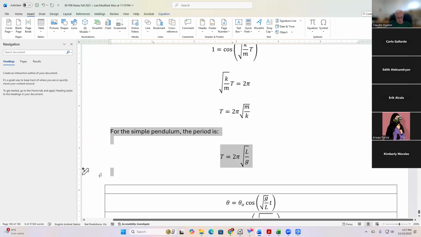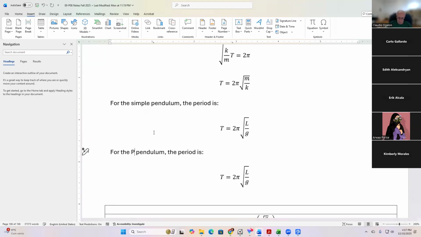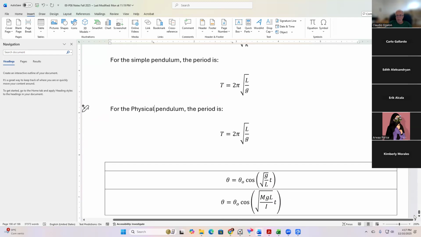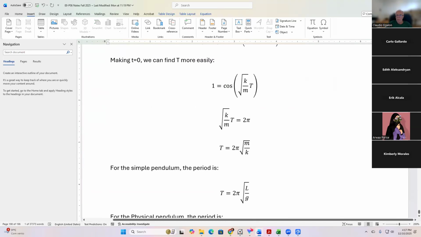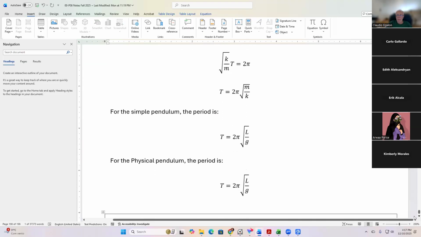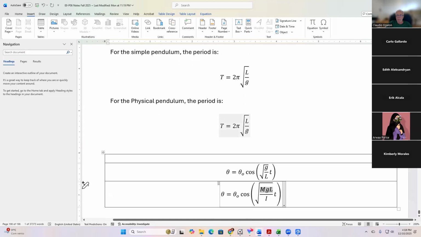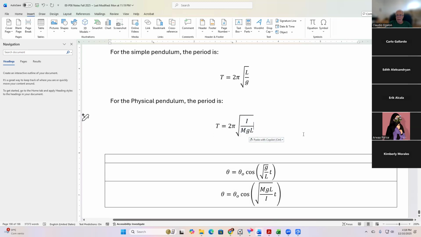For the physical pendulum, the period is: we replace K by MGL, and we replace L by I. They're exactly the same parameters, just a different letter in there. Mathematically, they behave exactly the same.